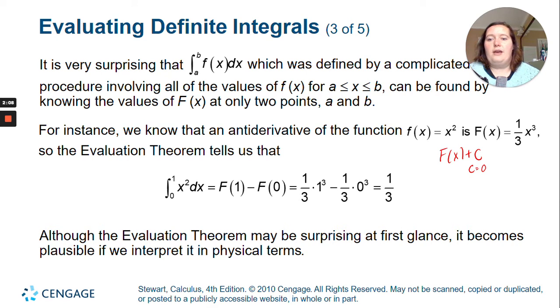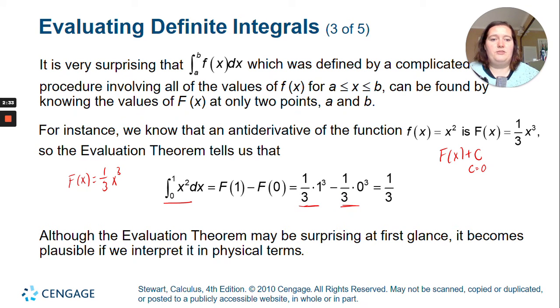So let's look at the integral from 0 to 1 of x squared dx. I know that one antiderivative for x squared is 1/3 x cubed. I know that that is an antiderivative of x squared. So I'm going to plug in 1, plug in 0, and subtract, and so I get 1/3.